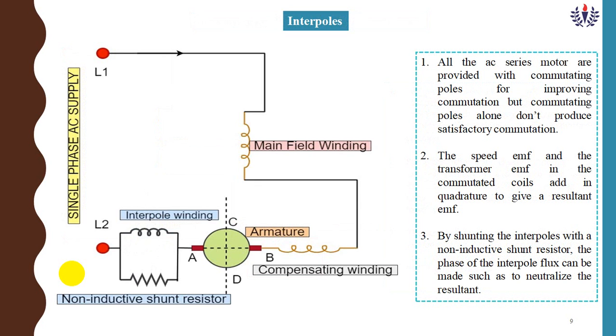The combination of these two is the conductively and inductively compensated motor. Here I am giving the same single phase supply, with a motor, field winding and armature. The terminals are A, B, C, D, and I take a compensating winding connected in series with the main field and armature.